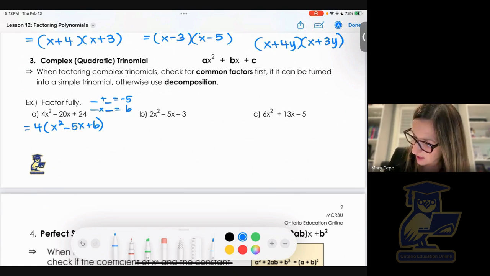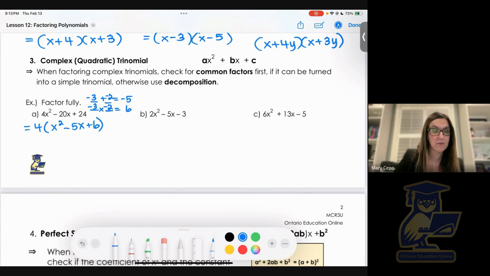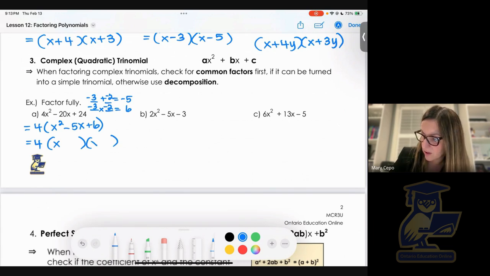So in this case, we can say -3 times -2 is +6, -3 plus -2 is -5. So we leave the 4 out front, create our double bubble. X is the first term in each bracket, and the two numbers we came up with were -3 and -2. Again, the order does not matter.